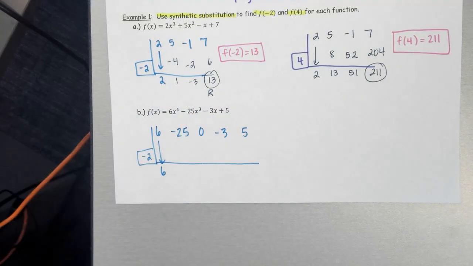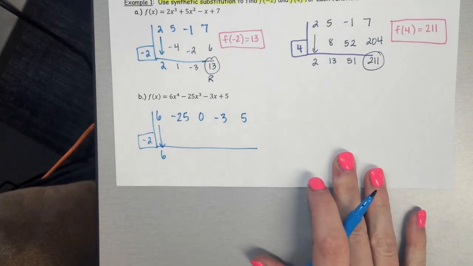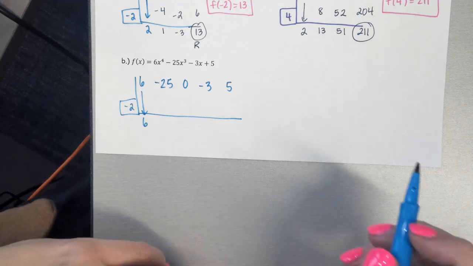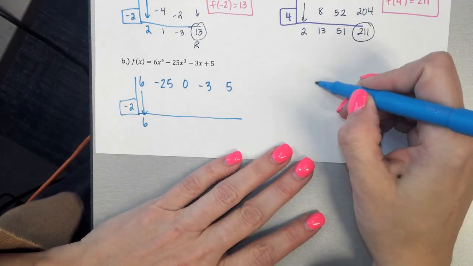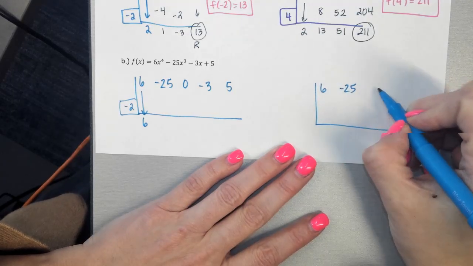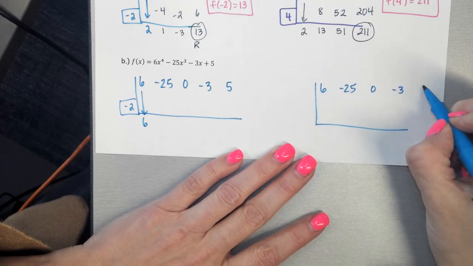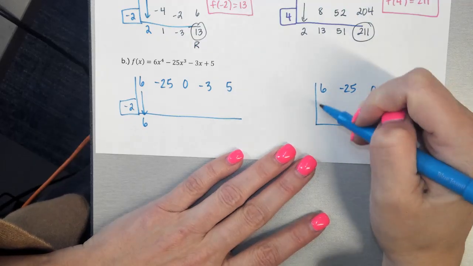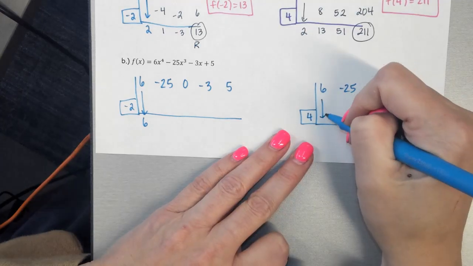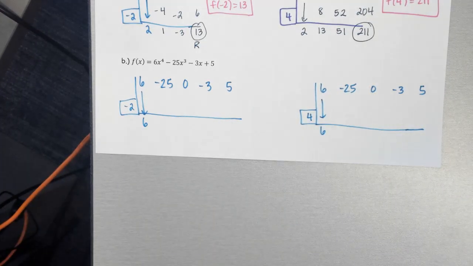Okay, and you always drop that first one there. Okay, and if you need to do any multiplication to the side, that is fine.